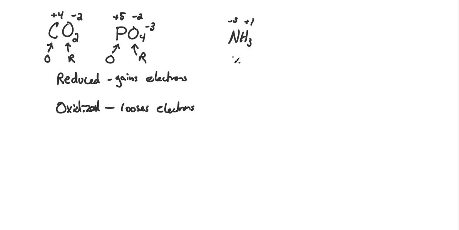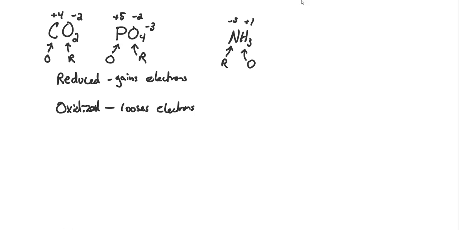So now, which one was oxidized and which one was reduced? Well, if it was reduced, it means it gained electrons. So nitrogen normally is 0, so -3 must mean it gained 3 electrons. So that means that nitrogen is reduced. And hydrogen lost electrons, and it was oxidized, even though oxygen wasn't the culprit this time, but it lost electrons.